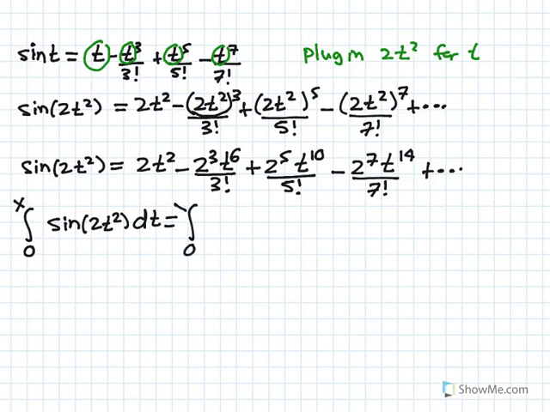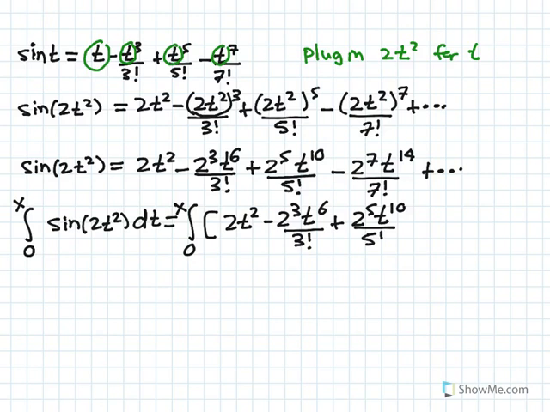Integral from 0 to x of 2t squared minus 2 cubed t to the 6 divided by 3 factorial plus 2 to the power of 5 t to the 10 divided by 5 factorial minus 2 to the power of 7, t to the 14, divided by 7 factorial, and so on. Integrate with respect to t, dt. All right, let's do the integration.